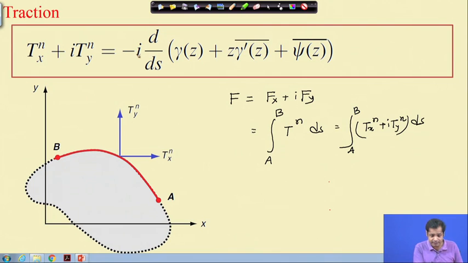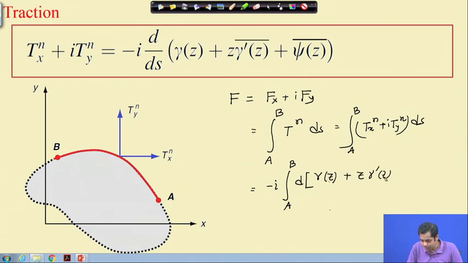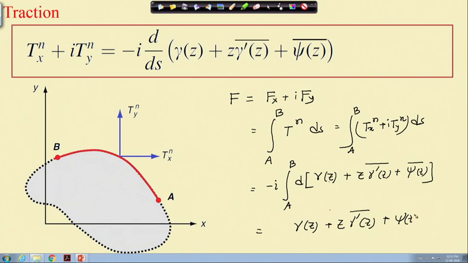Now, look at this expression, and this can be written as minus i, and then A to B, and this entire thing becomes d of gamma z plus z gamma dash z conjugate plus psi z, again its conjugate, d of this, and this essentially becomes gamma z plus z gamma dash z plus psi z, evaluated at A and B. This expression is important because sometimes the boundary conditions are given in terms of forces.